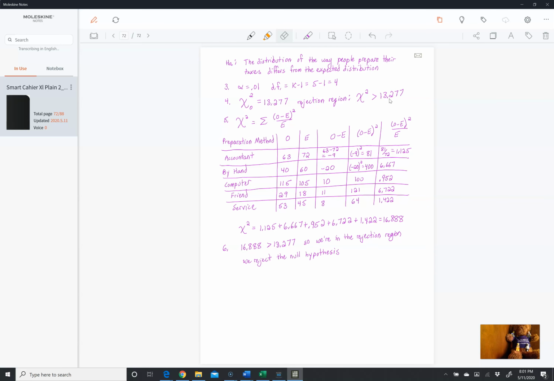And because the null hypothesis was the claim, we're rejecting the claim. Okay. What does that mean? That means the expected distribution differs from the actual distribution.